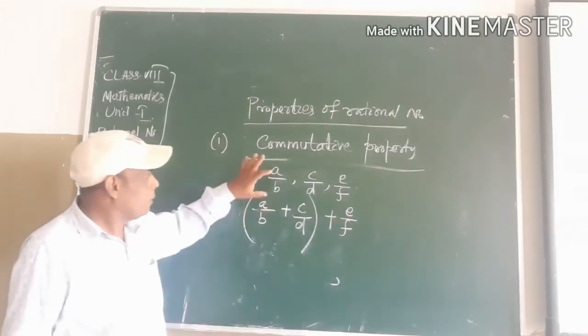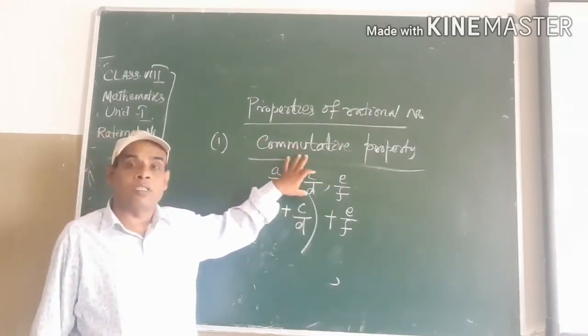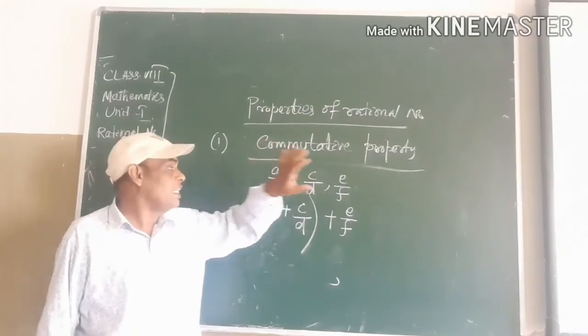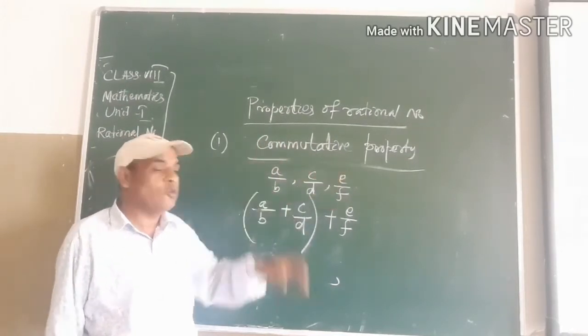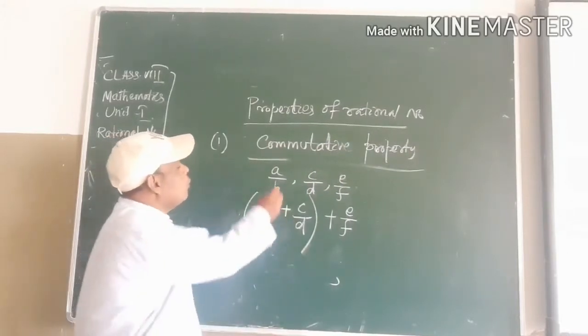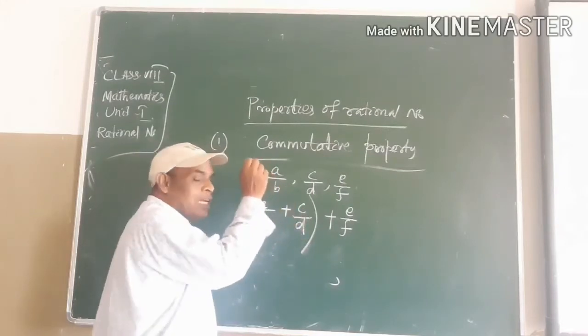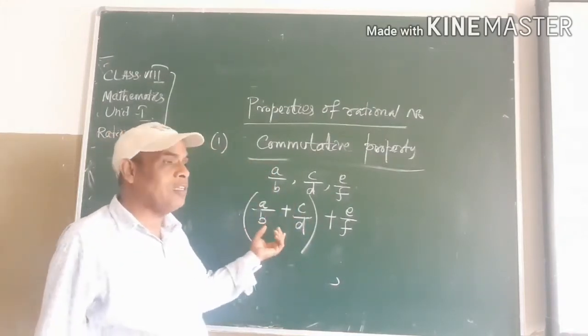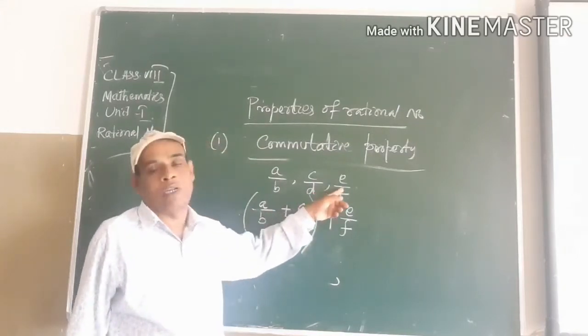Again listen, first rational number is a by b, second rational number is c by d, third rational number is e by f. So first you have to add any two. Suppose I add first and second, and whatever the result I will get, that will be added to the third one.